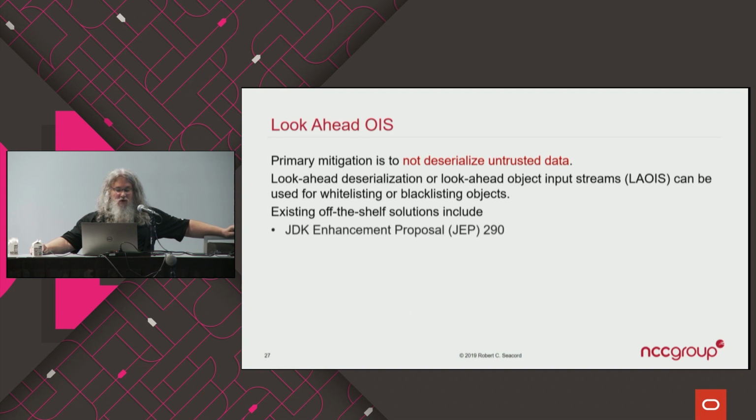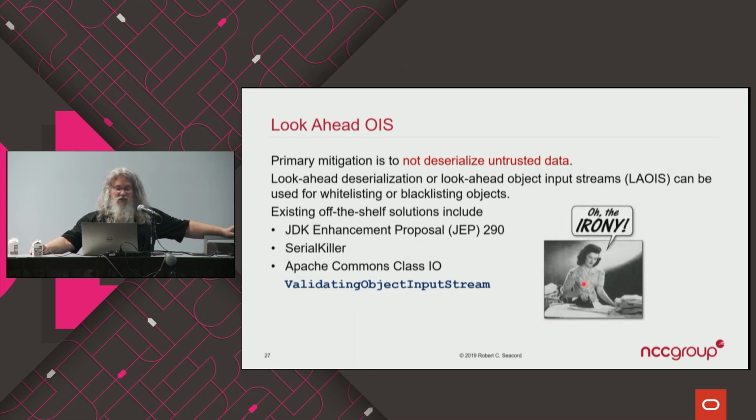There are a bunch of existing off-the-shelf solutions. The one I like the most, and probably the one everyone here likes the most, is JDK Enhancement Proposal 290, which was shipped as part of Java 9. There's also some other solutions, SerialKiller. Apache Commons has a solution, ValidatingObjectInputStream, which is kind of ironic because that same library has all these gadgets that you'll use in your attack.